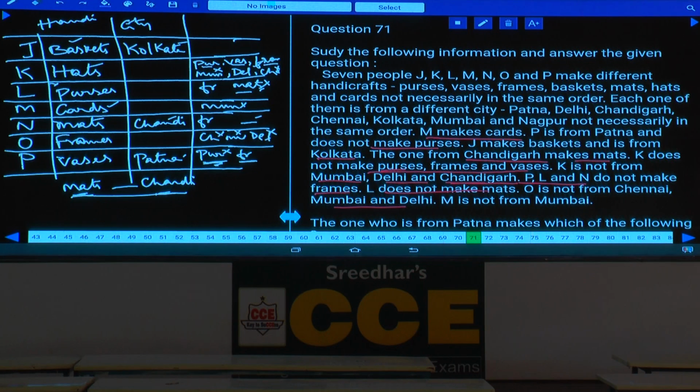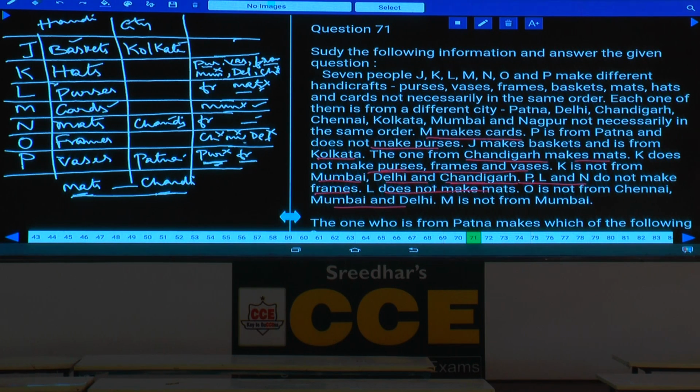Then what is left over here? M is not from Mumbai. As M is not from Mumbai, tell me who can be from Mumbai here? Now coming to the cities, Chandigarh done, Patna done, Kolkata done. Now let us check out Mumbai.